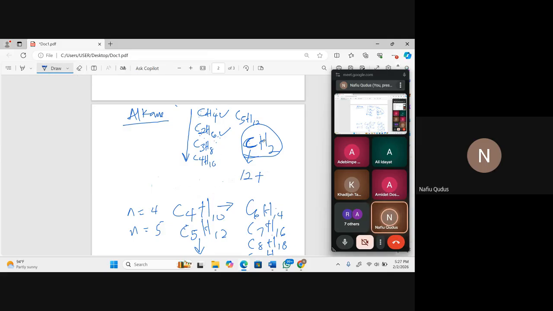And how many atoms of hydrogen do we have? 2 atoms of hydrogen. And the molar mass of hydrogen is 1. That's 2 times 1, that's 2, plus 12. What do we get? 14. That is what homologous series is saying.